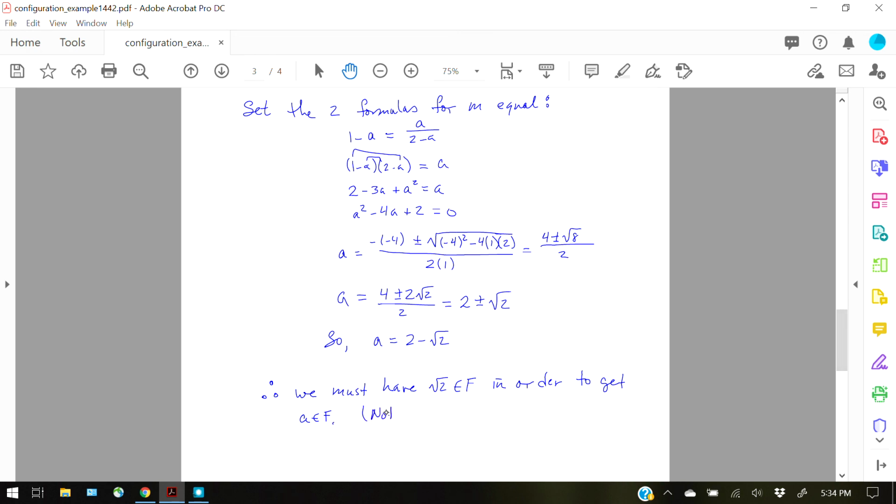And note, we must have a in the field to have this configuration in the field's Cartesian plane.